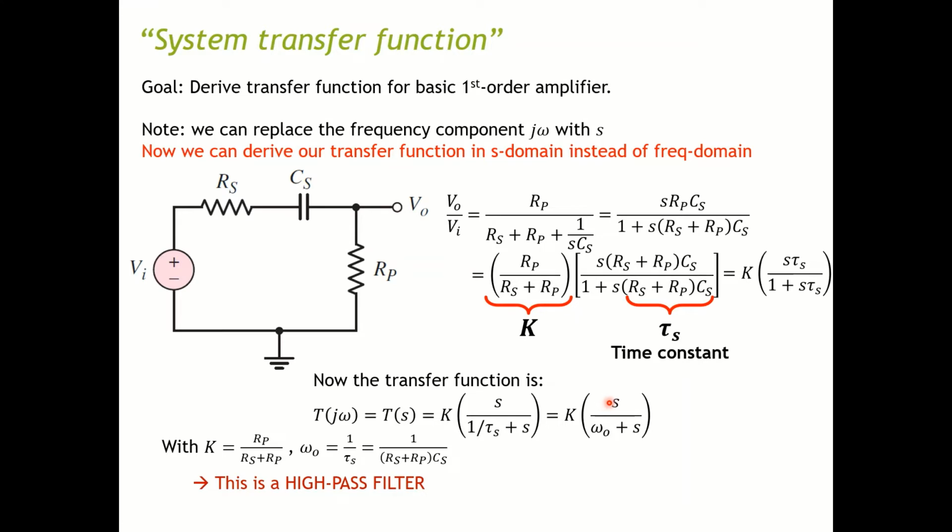If S is coming close to 0, this whole term will become 0, right? And so the gain of our Vo over Vi, or our transfer function, will become 0.